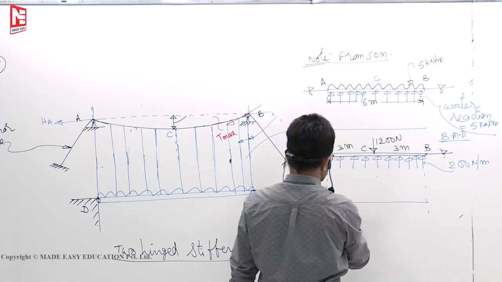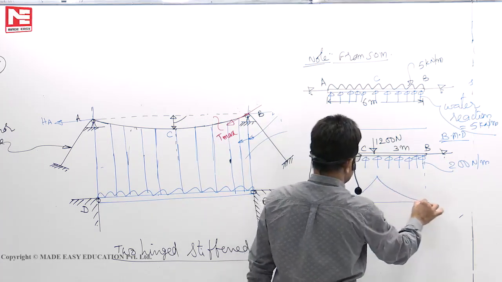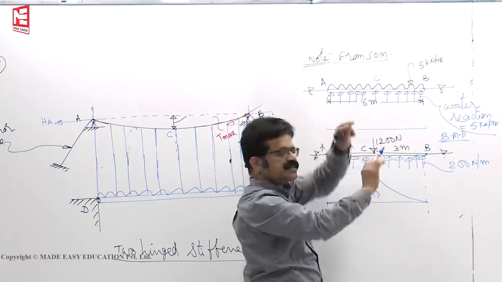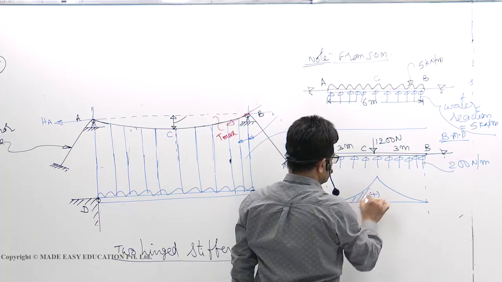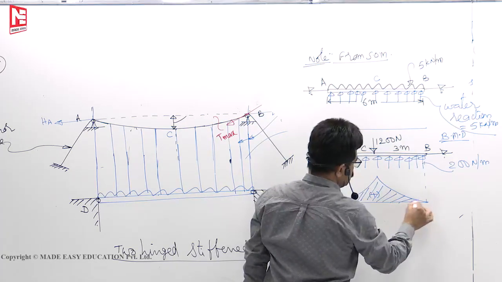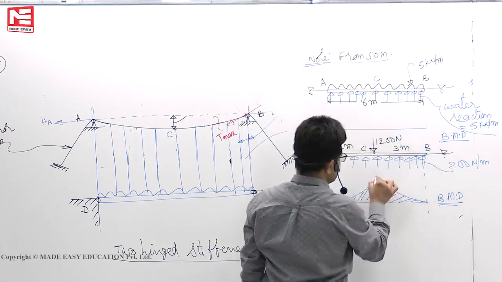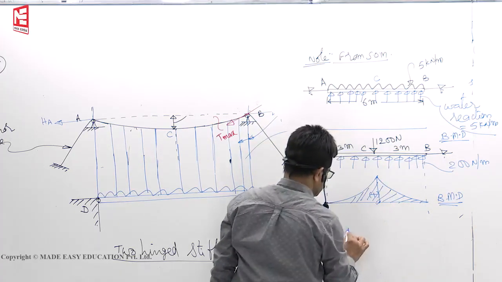Like this, center maximum. This is what you have studied, positive bending moment. It is like two overhangs subjected to upward UDL. This is your bending moment diagram. What is the maximum bending moment at center?